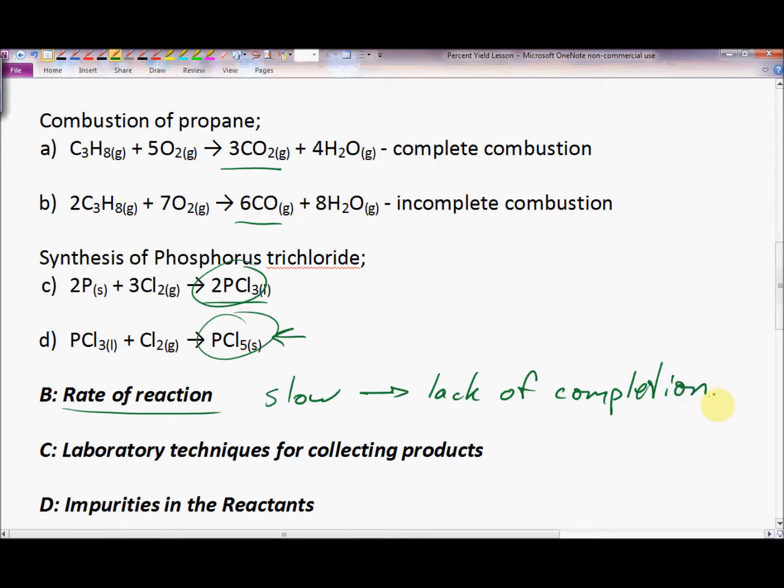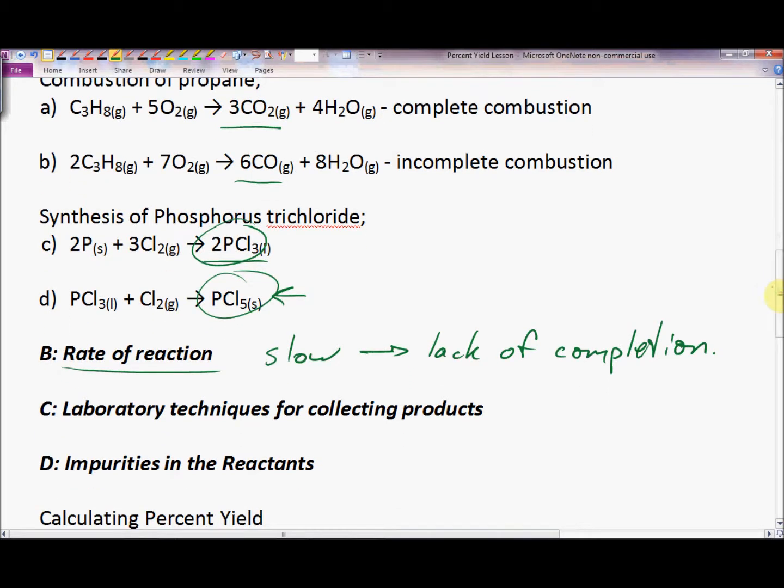For example, if we're looking at reaction C here, maybe when we put in 2 phosphorus, we won't get a full 2 moles of phosphorus trichloride because the reaction was so slow, it didn't go to completion. That's another reason why you may have a percent yield.